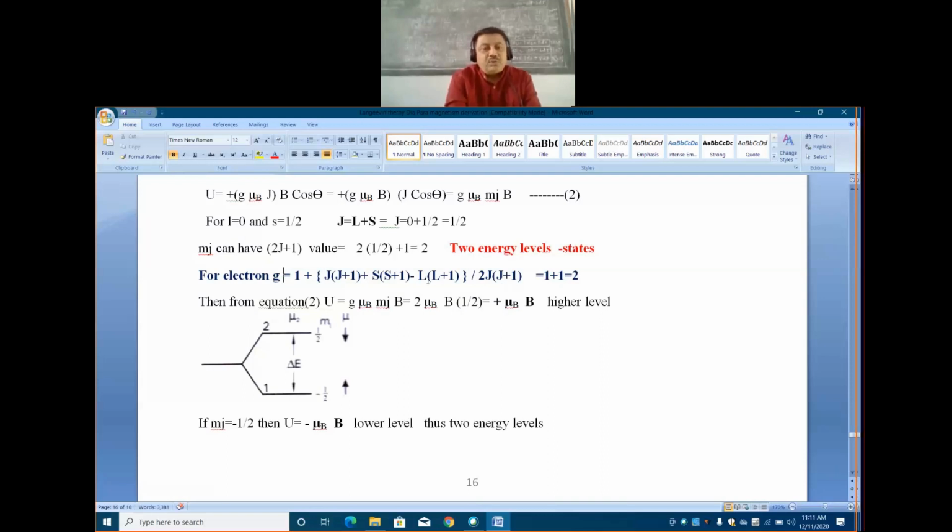Now, if you substitute for L is equal to 0, this bracket L into L plus 1 becomes 0. And once L is 0, then J will be equal to S. So J into J plus 1 becomes same. S is also J, so it is also J into J plus 1. So J into J plus 1 plus J into J plus 1 is 2J into J plus 1 divided by 2J, J plus 1 is 1. Therefore, 1 plus 1 is equal to 2.